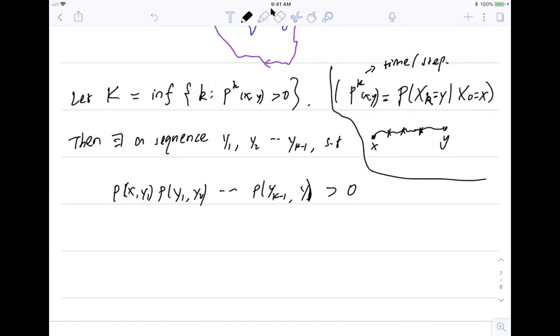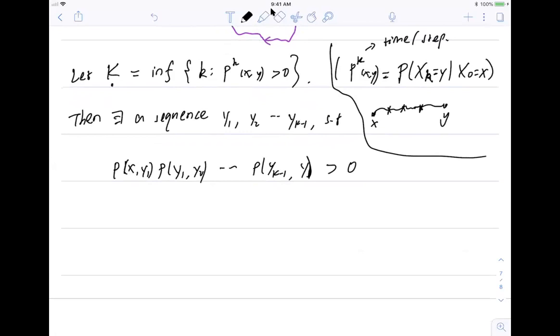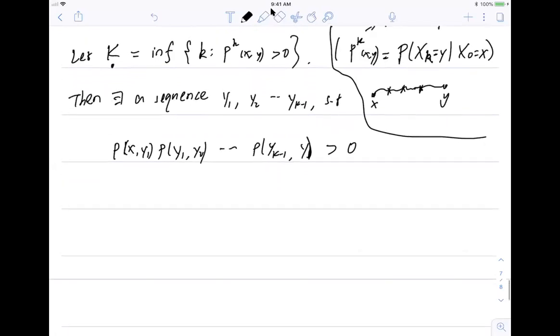So you just choose a solid path connecting x and y, since from x you can always reach y. So this is possible, and you definitely can find a small number k such that you can move from x to y.